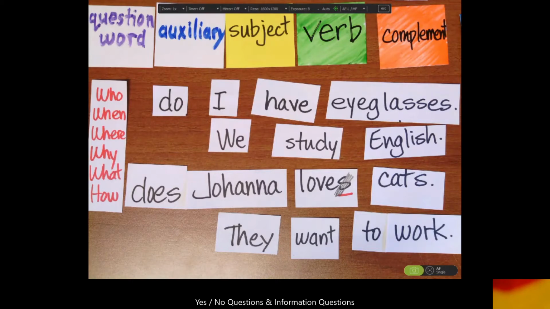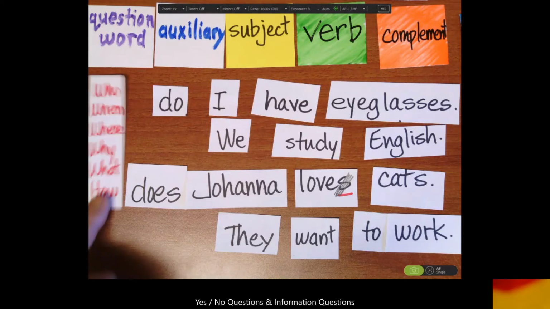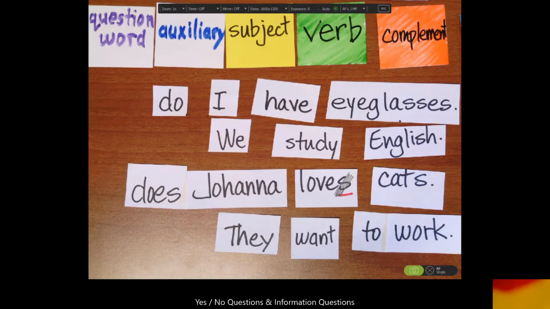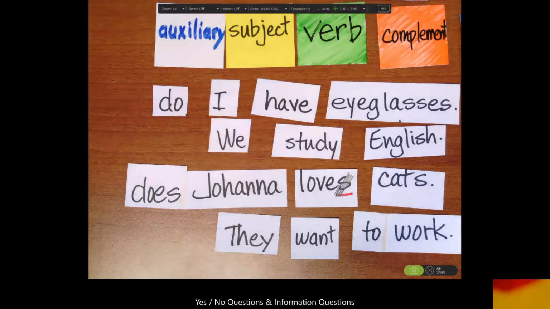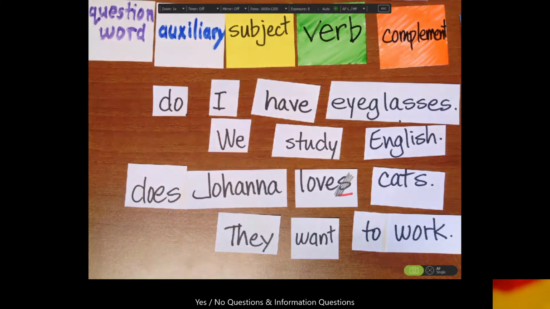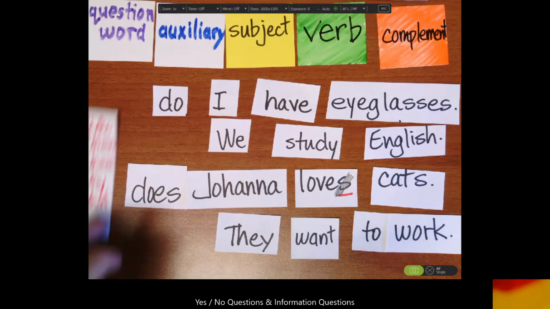And there are other ones such as how much, how many, and so forth. But it's really easy. Can you see what I did? I left everything exactly as a yes/no question. And to make an information question, you only need to add the question word. And in adding the question word, it becomes an information question.